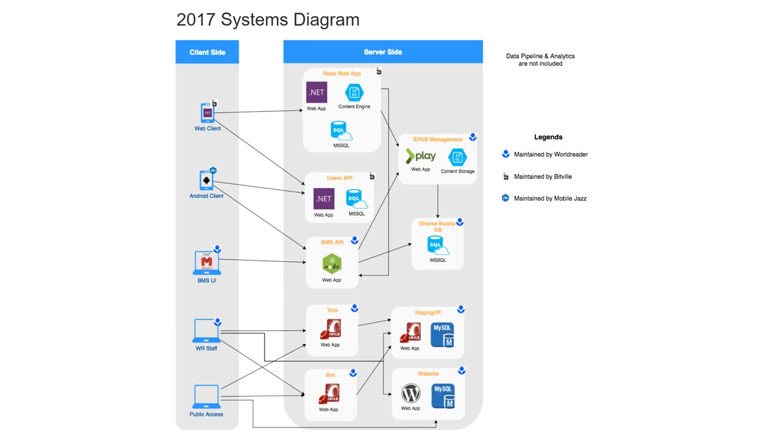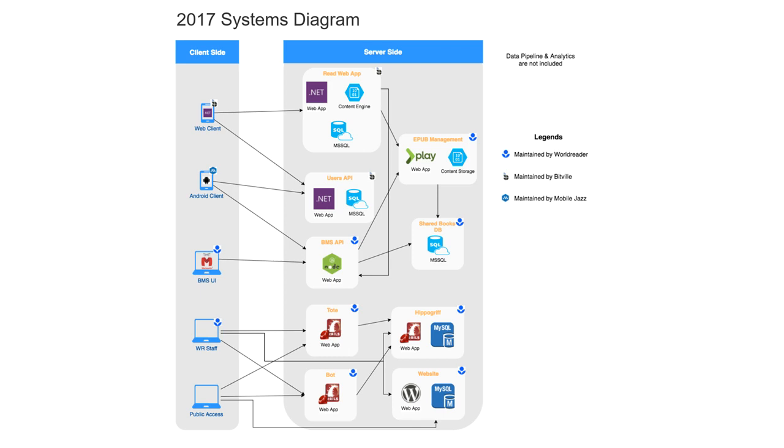That's handled by the BMS API. The read web app is like a proxy with much more logic, but it's a system that is between the final user and the BMS API. That's only for web.